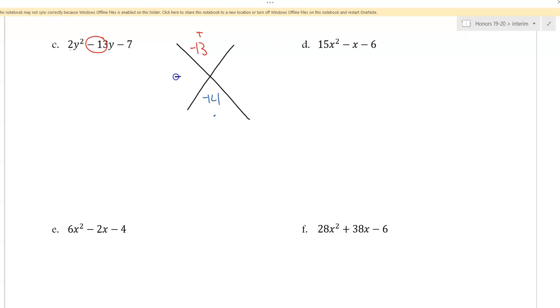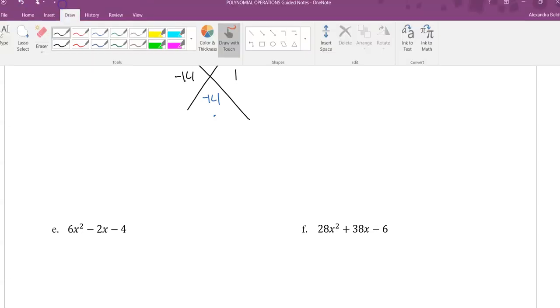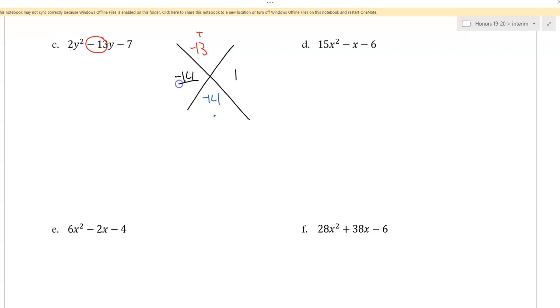So our 2 numbers are going to be -14 and +1. All right, the biggest mistake is people forget about 1 times the number. Divide by 2. This one reduces, this one does not. That's y minus 7. Slide it out. 2y plus 1.